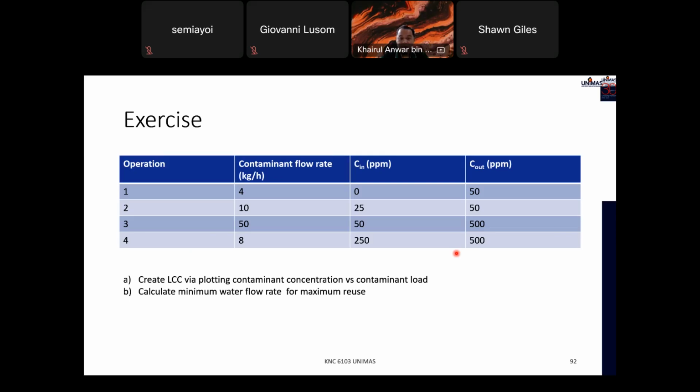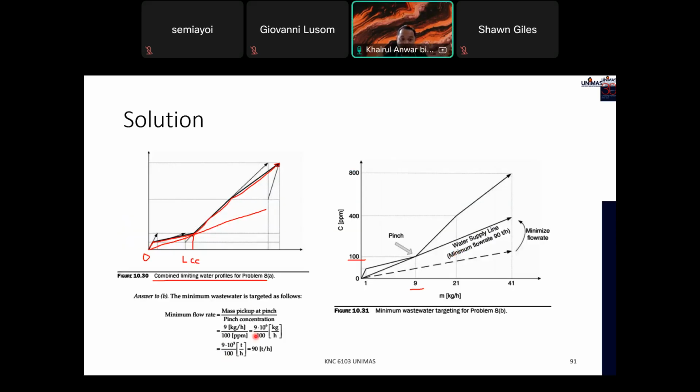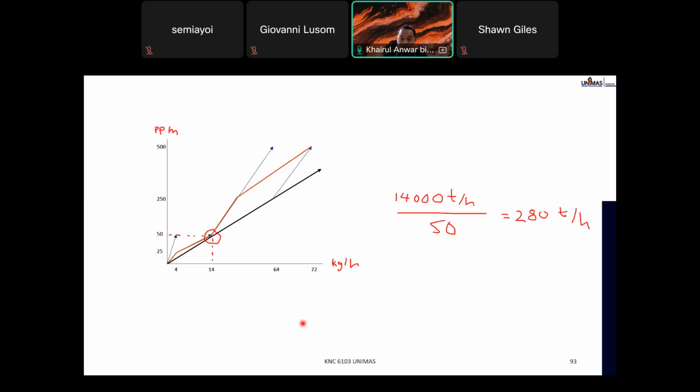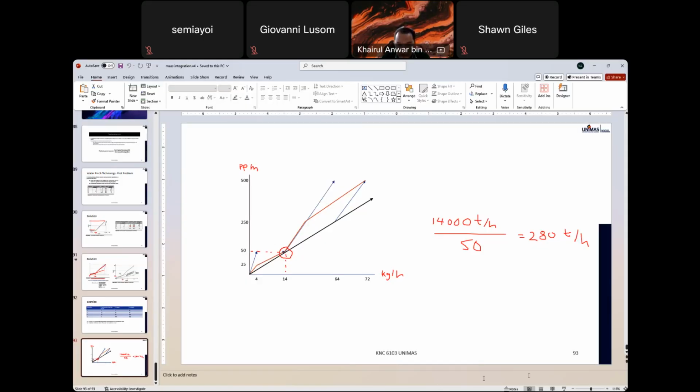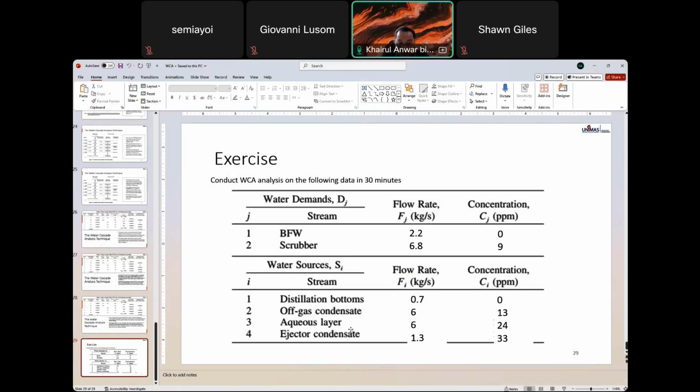So the minimum water flow rate using this method is 14 kg per hour, or 14,000 per hour, at 50 ppm. This one is done.